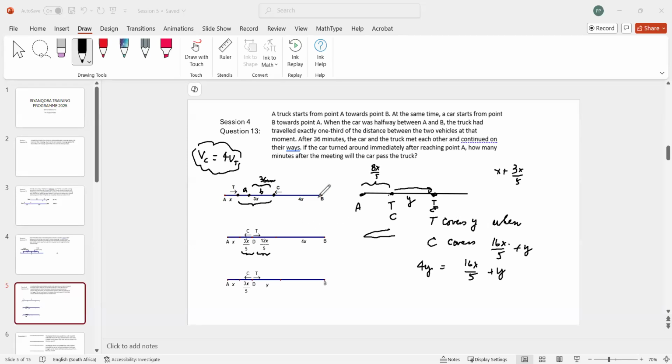So now you've got an equation here. Bring the Y's to one side: 3Y equals 16x over 5. So Y is 16x over 15.